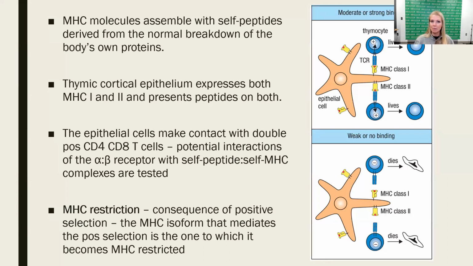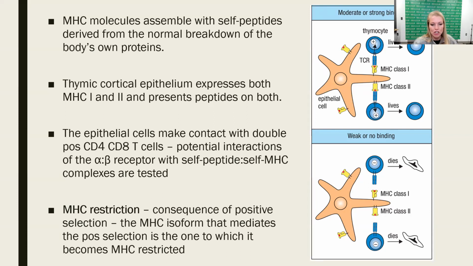We use the term MHC restriction to talk about how T cells can only recognize antigen in context of an MHC, and they're going to be restricted to the class that they interact with first. I think I have a slide that describes that coming up. If not, we'll mention it again.